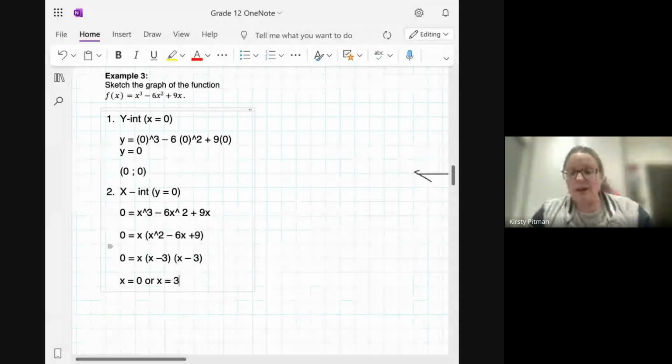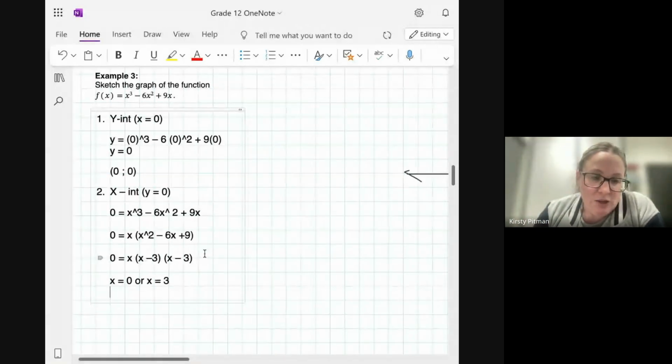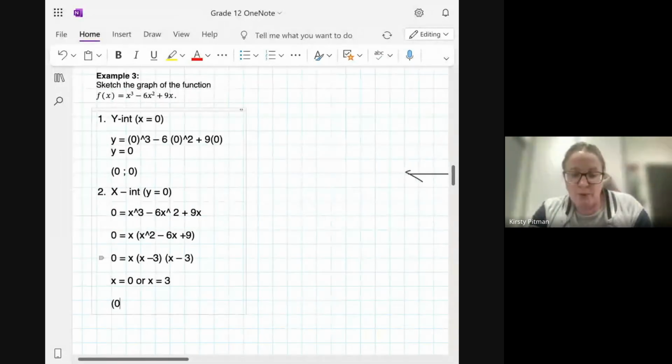Can I write or x equals 3 again? I could, but is it redundant? Does it mean the same thing? Yes, it means the same thing, so we don't want to be redundant here. So my 2 x-intercepts are (0; 0) or (3; 0).